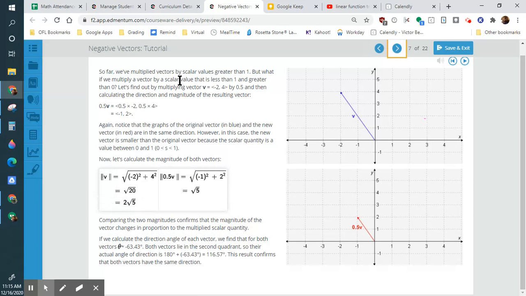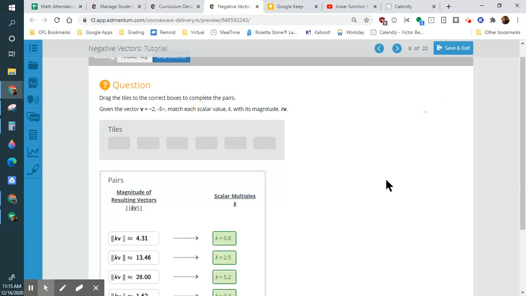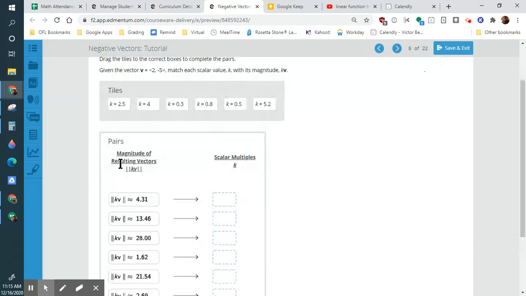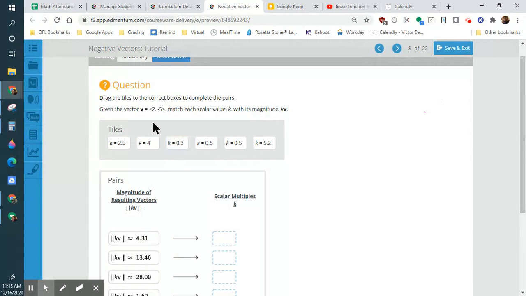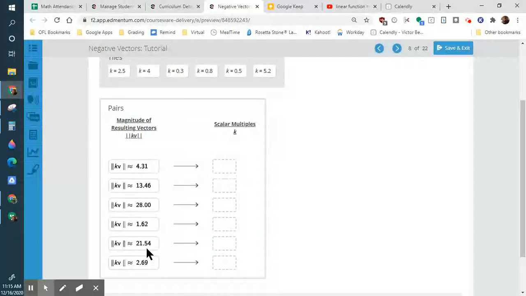Let's take a look. So calculating. We're multiplying it. More practice on multiplication. So let's get into an actual problem here. If we want to do k times our vector, first we need to find the magnitude of this vector. So I'm just going to find the magnitude first. That way it makes it easier when we're doing all of these afterwards.